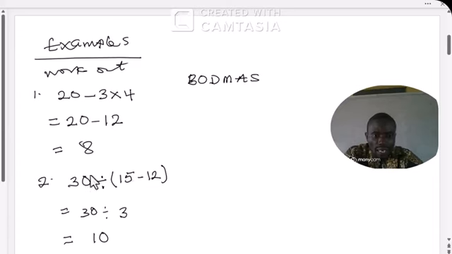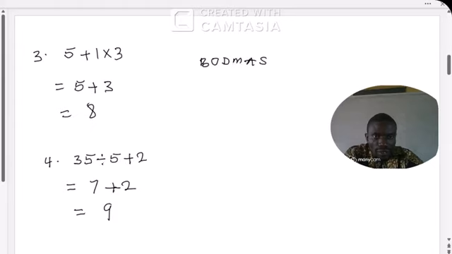Now here we have 30 divided by 15 minus 12. You clear the bracket, 15 minus 12 gives you 3. So when I divide 30 by 3, you get 10. We also have 15 plus 1 times 3.